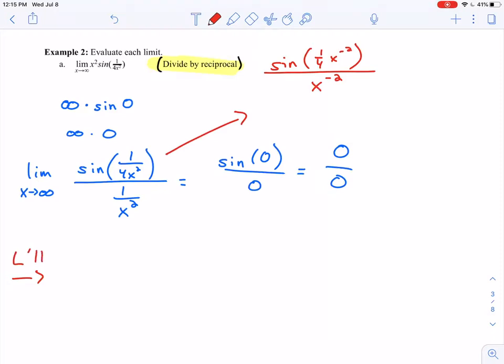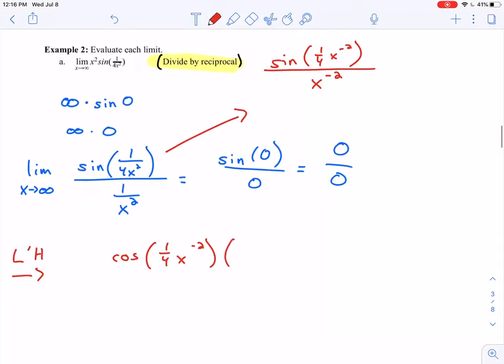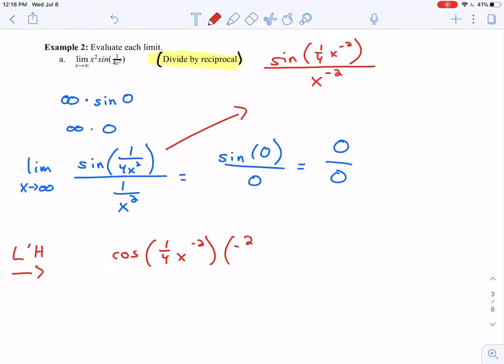where we apply L'Hopital's rule, and I'm going to be thinking about, okay, derivative of my numerator, derivative of my denominator. In my numerator, I am going to have a chain rule, so derivative of sine would be cosine of 1/4 x to the minus 2 power, and then I need to multiply that by the derivative of my inside part, so the derivative of 1/4 x to the minus 2, that would be negative 2/4 times x, subtract 1 from my power, now to the negative 3.